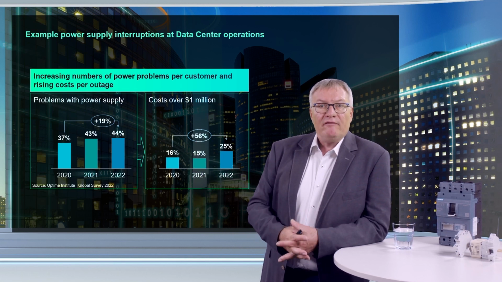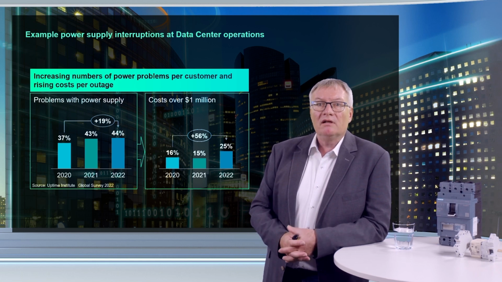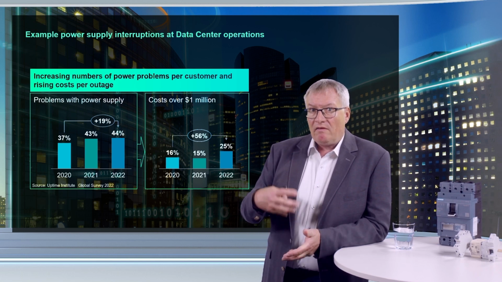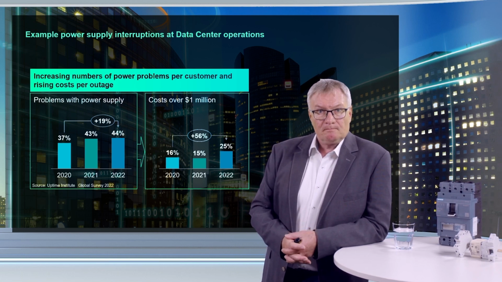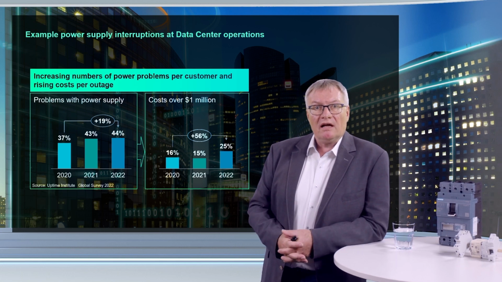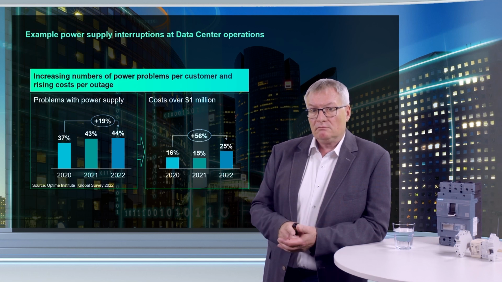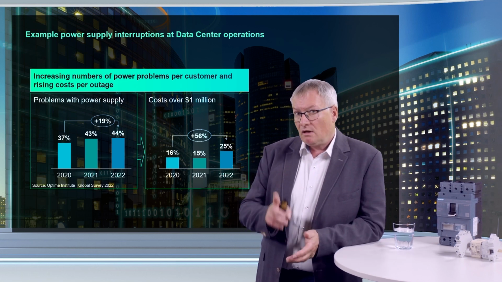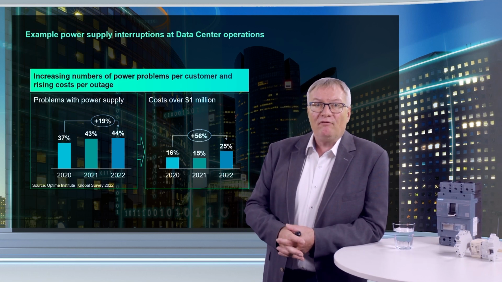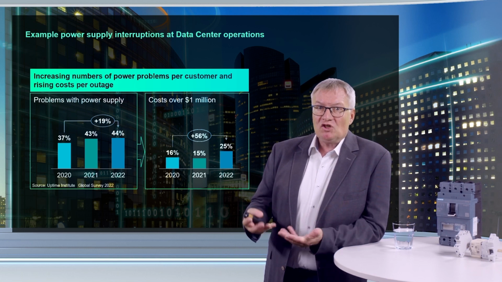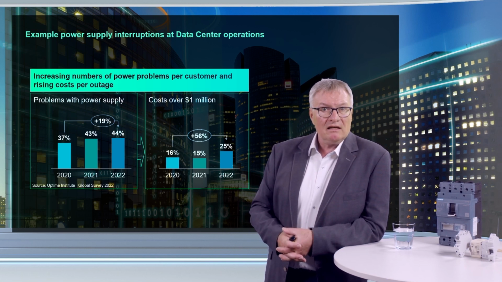Data centers have particularly high availability requirements. There are many reasons for this. One of the reasons lies in the high downtime costs of about 500,000 euro per hour, or even more. For data centers, therefore, a variety of decision-making methods are taken into account to reduce the interruption time.